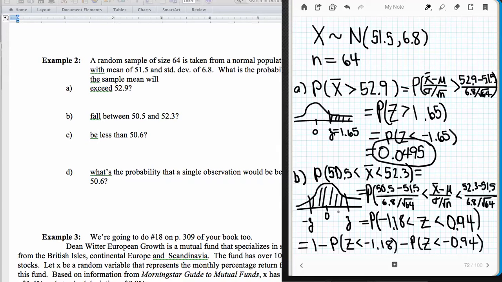In order to find it using a negative z table, I have to consider the area in this right tail and the area in this left tail. The area in the right tail, remember, is comparable to if it were in the left tail. So I take the whole distribution, subtract the area in the left tail and the area comparable to what would be in the right tail, and that will give me my probability.